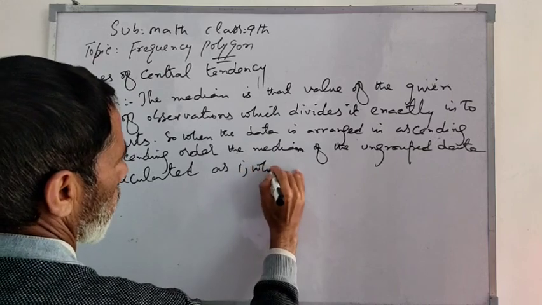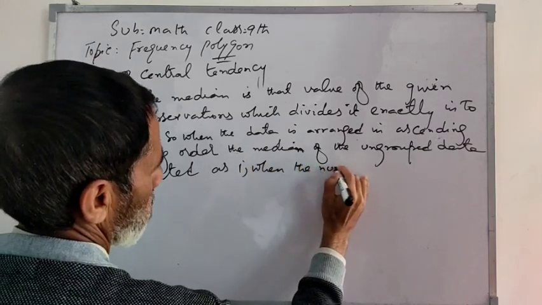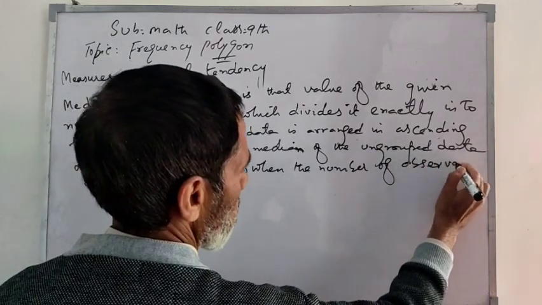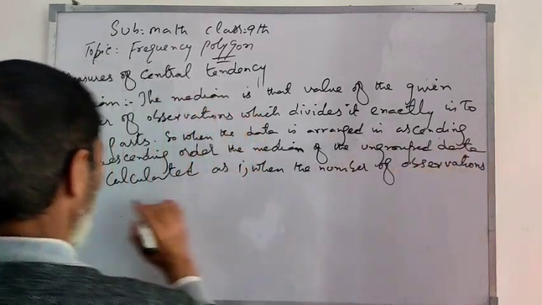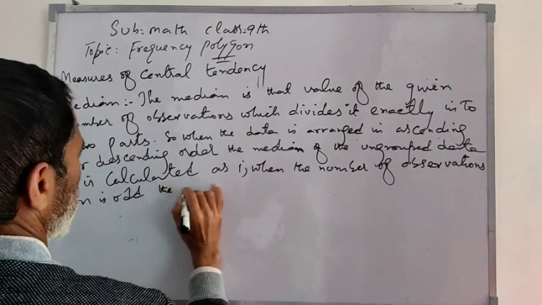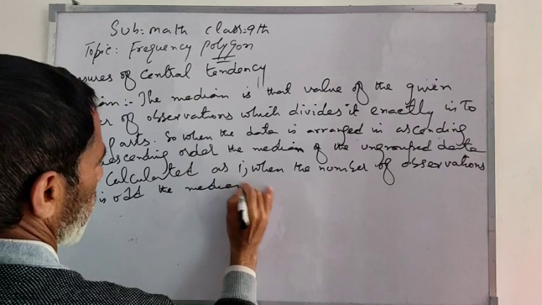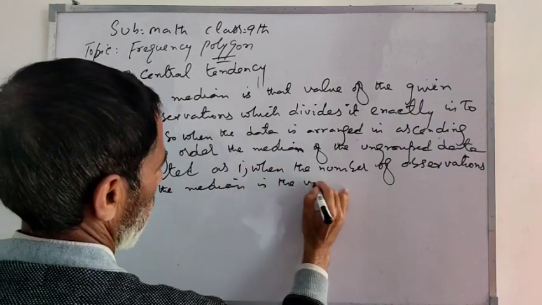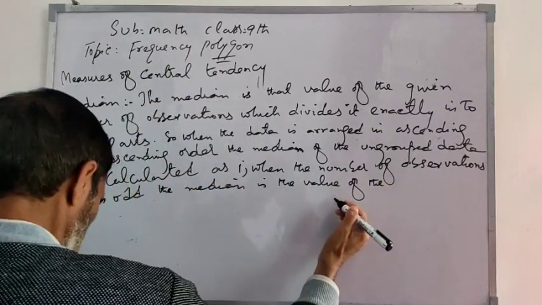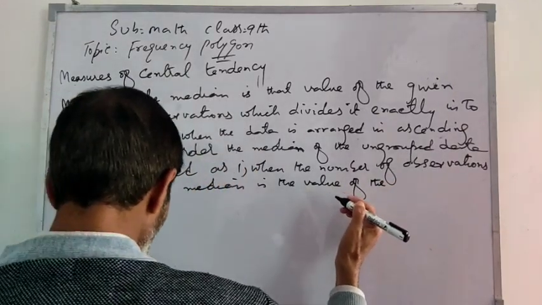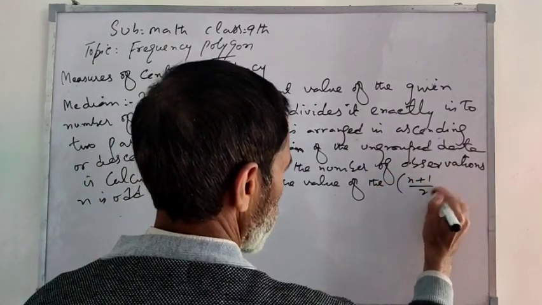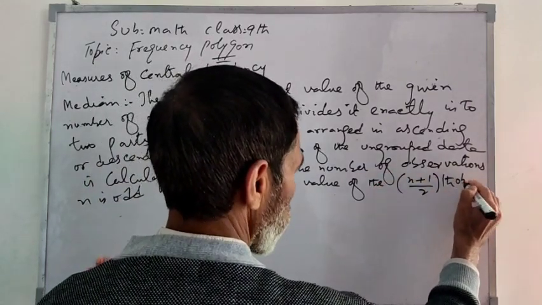First, when the number of observations n is odd, the median is the value of the (n plus 1) by 2th observation.